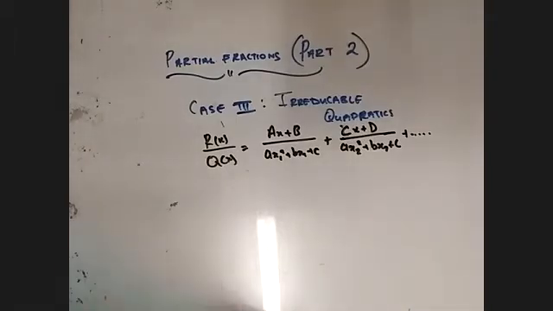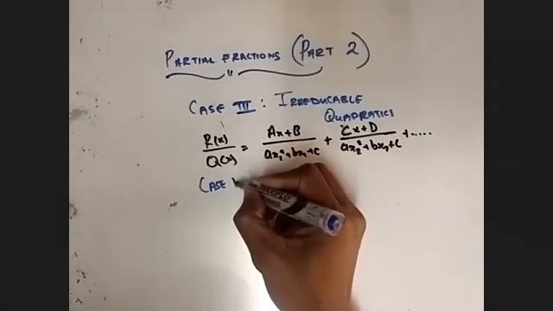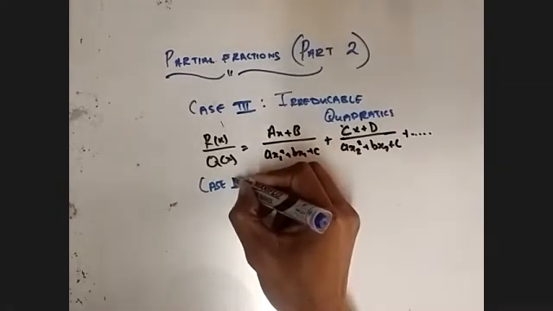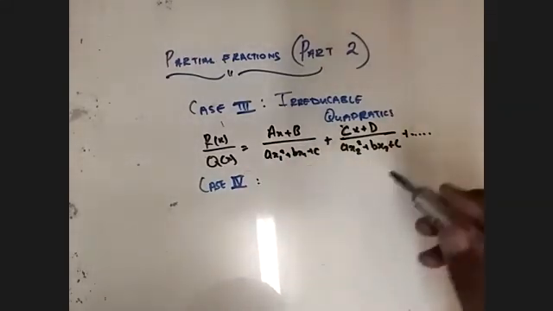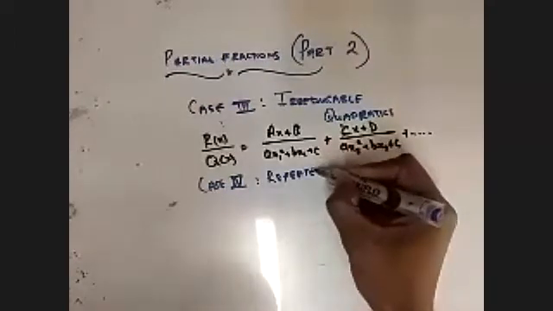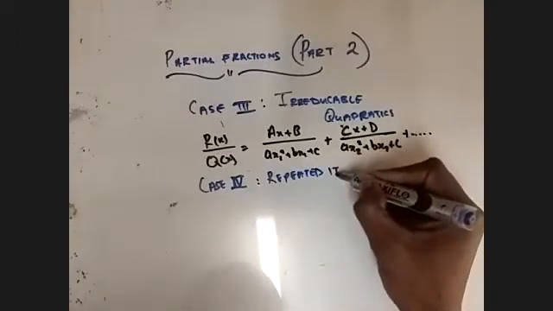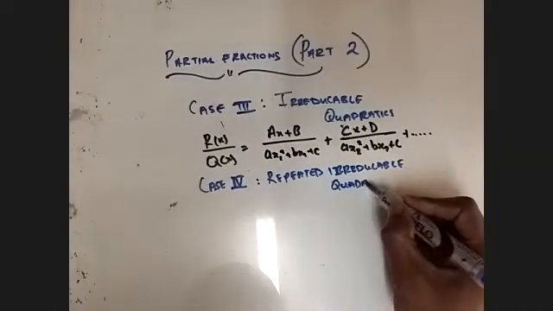And then there's the final case, case 4, which is called the repeated irreducible quadratics.